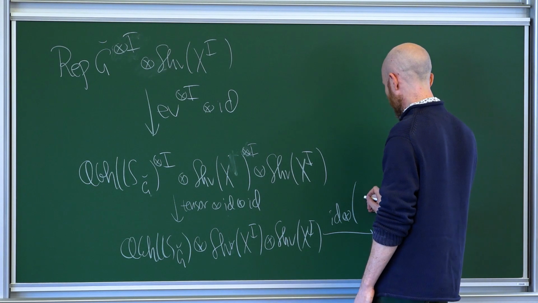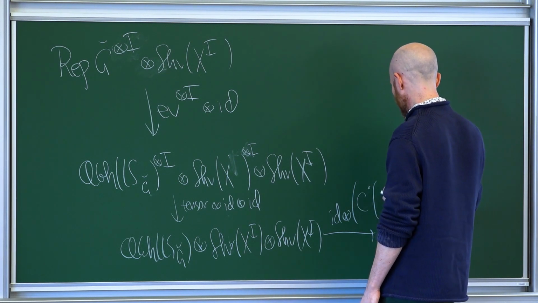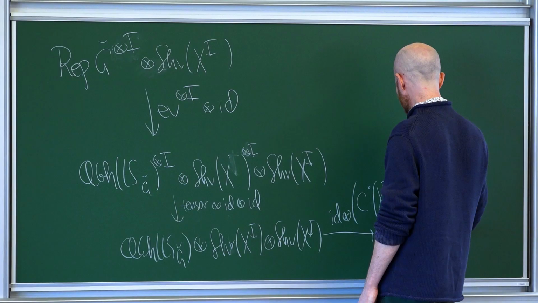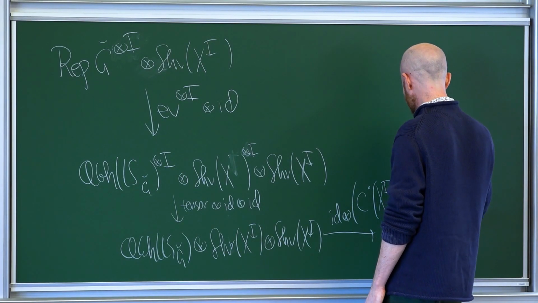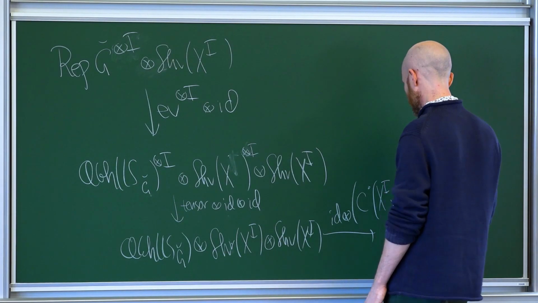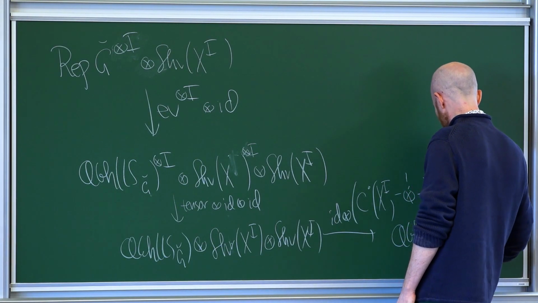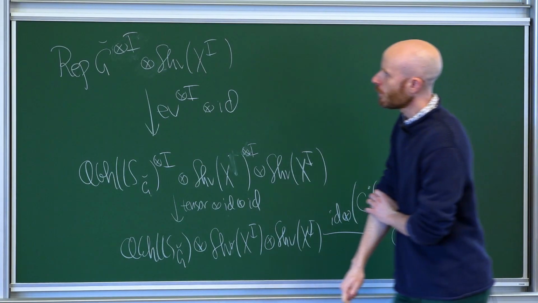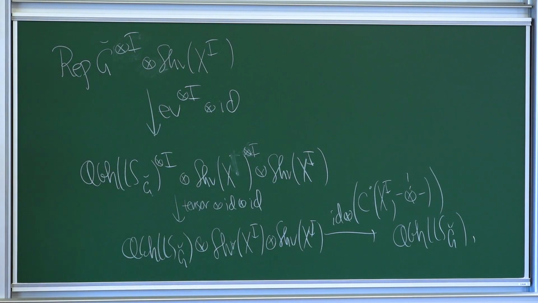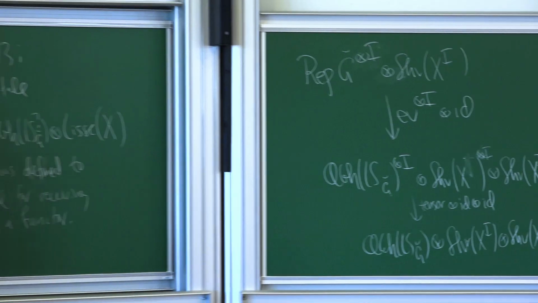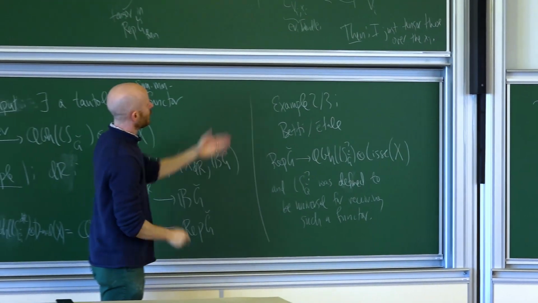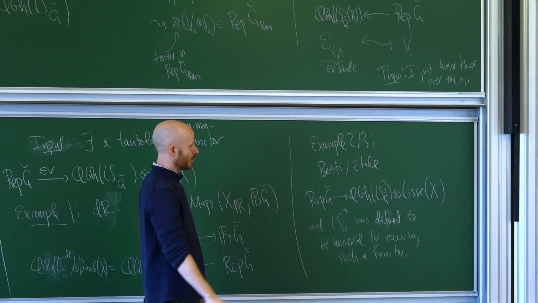That means I take cohomology of X^I with coefficients in the tensor product between these two sheaves. And that takes me down to QCoh of LocSys G-check. Why did I do the tensoring? That was because I tensored all of these evaluation bundles together. So if you unwind the intuition, you get the commutative diagrams out.